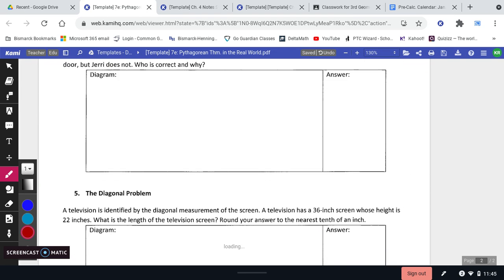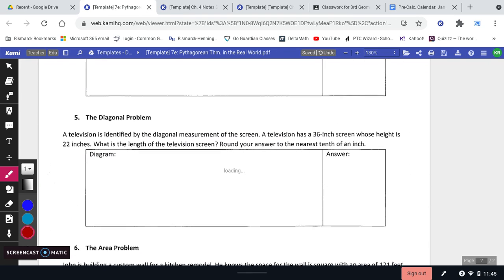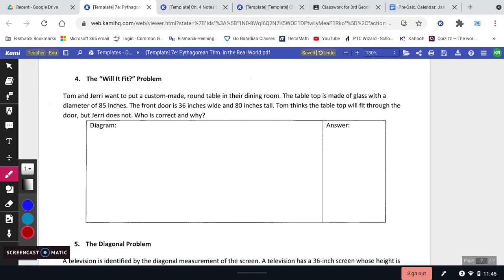Okay, I want to skip down and look at a couple others just to kind of get them set up for you. Tom and Jerry want to put a custom-made round table in their dining room. The tabletop is made of glass with a diameter of 85 inches. The front door is 36 inches wide and 80 inches tall. Tom thinks the tabletop will fit through the door, but Jerry does not.